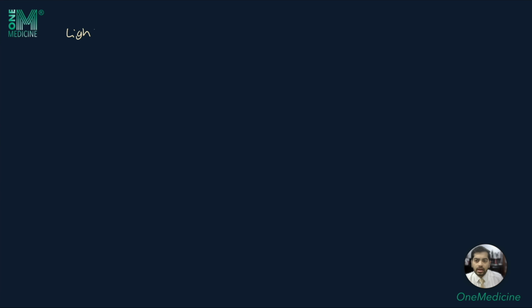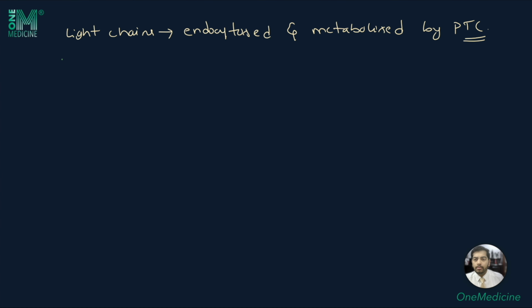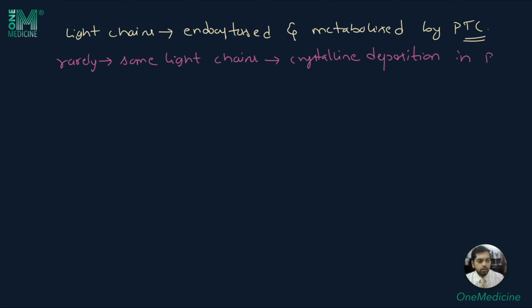The light chains that are filtered are usually endocytosed and metabolized by proximal tubular cells, but rarely some light chains can cause crystalline depositions in the proximal tubules.